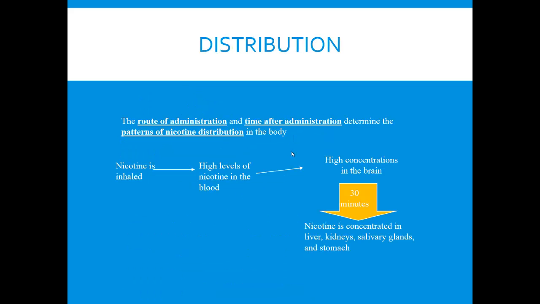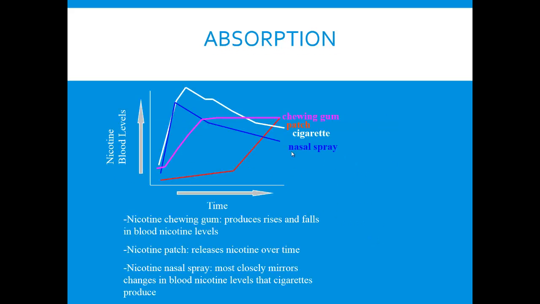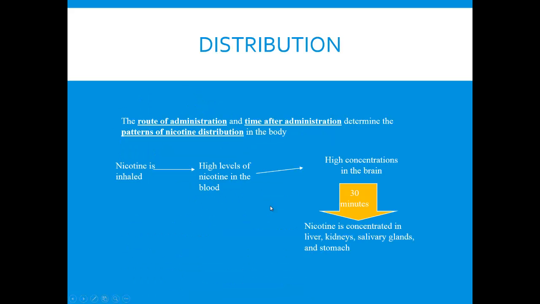Okay. So let's go back for just a second. If we consider this slide, in terms of looking at your blood nicotine levels as a function of time, as the absorption of how you administered it and time, this is what this slide is getting at.